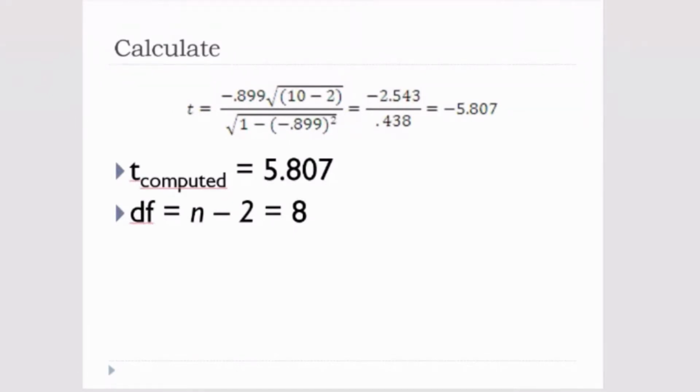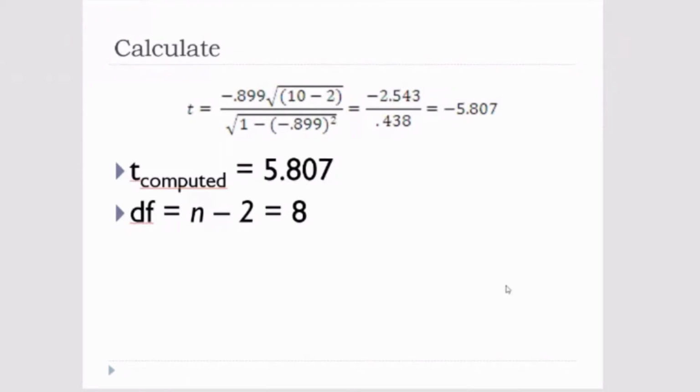The value of R is negative 0.899, times the square root of N minus 2, in which N is equivalent to 10 samples, divided by the square root of 1 minus R squared. So that's negative 0.899 squared. Are you following? You compute it using your calculators.